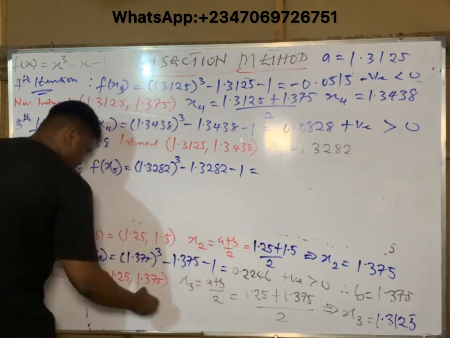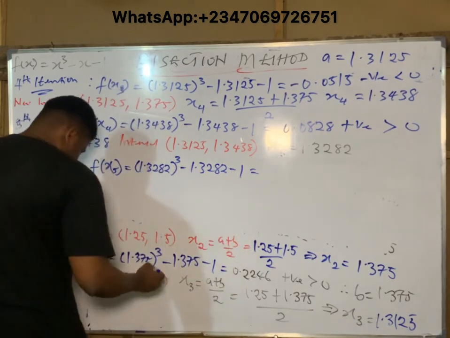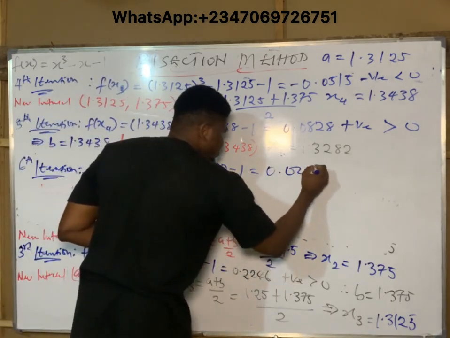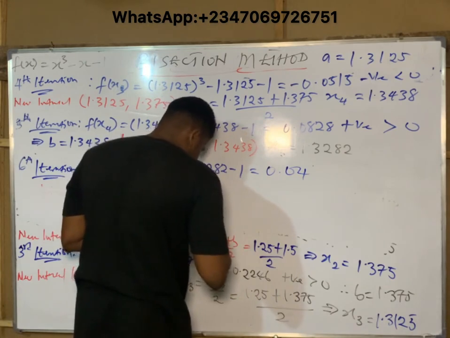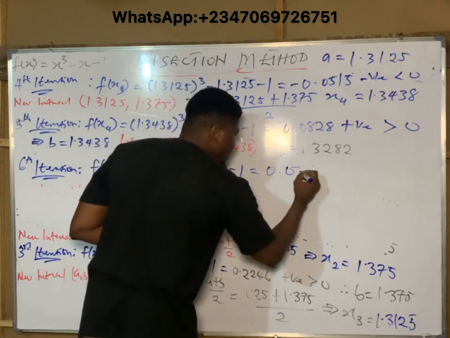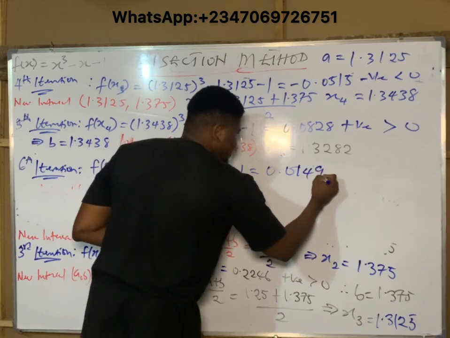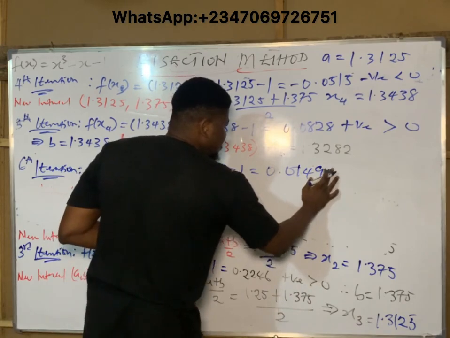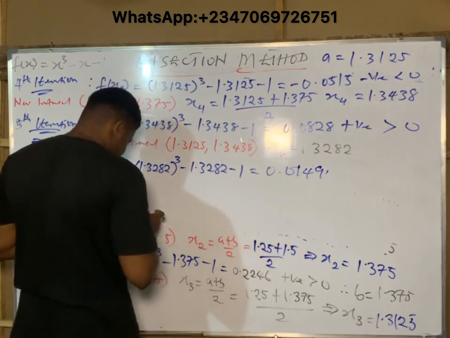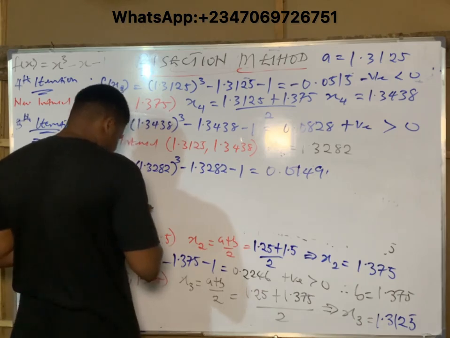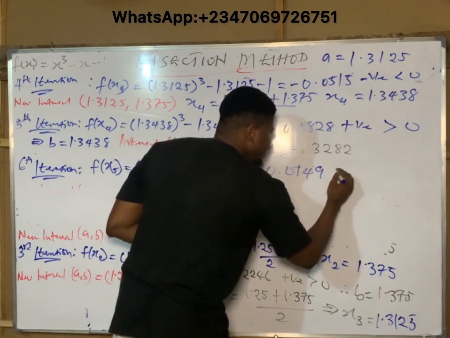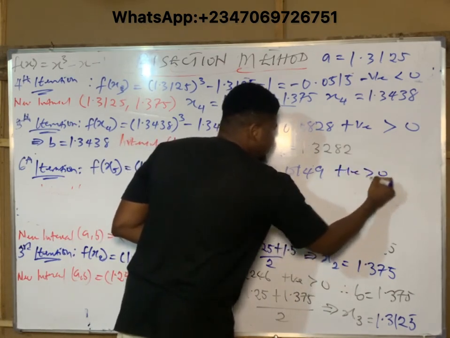So let's see what this value gives to us. That gives us approximately 0.0149. Okay, yeah. Now this value is positive and it is greater than 0.